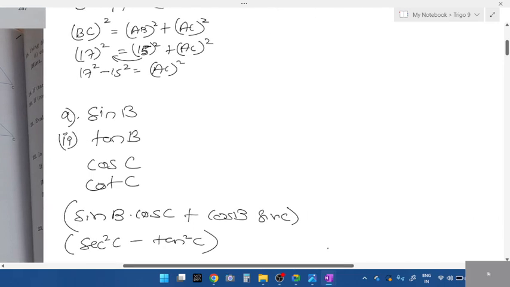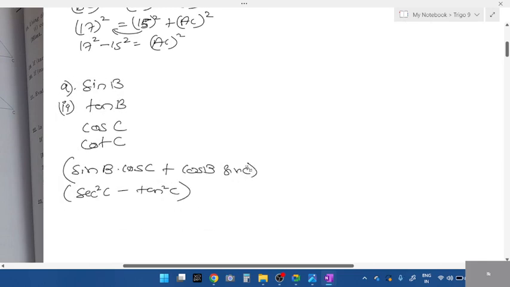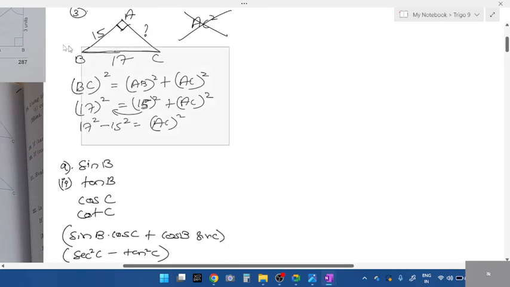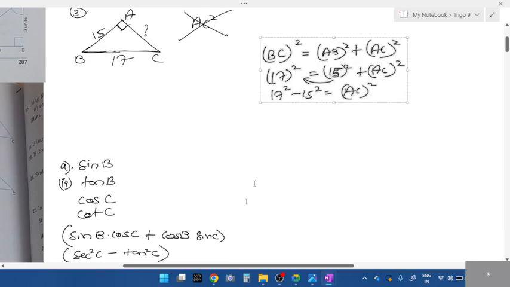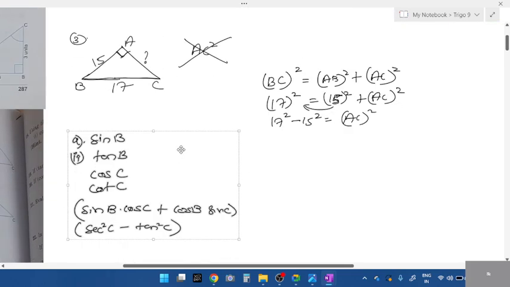So draw the diagram, start writing students. Let me minimize this. Give me a minute. Yes, you all can start.